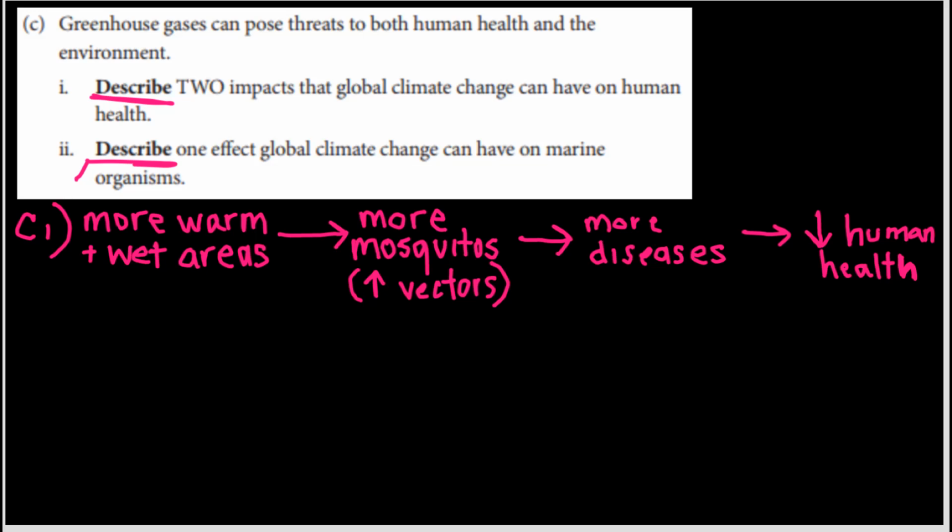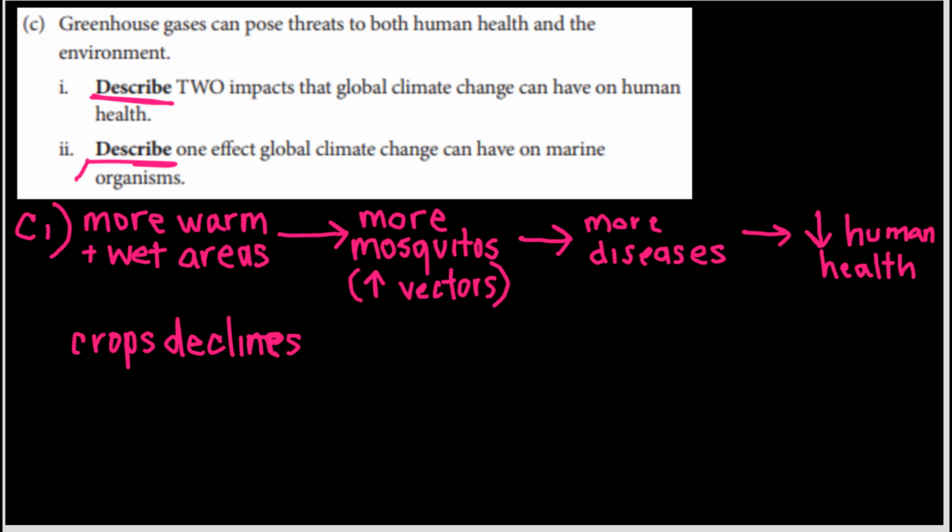Example. My next favorite one is our crops are going to decline because we're going to run out of arable land. Again, these environments that were great for growing crops may not be great for that anymore.